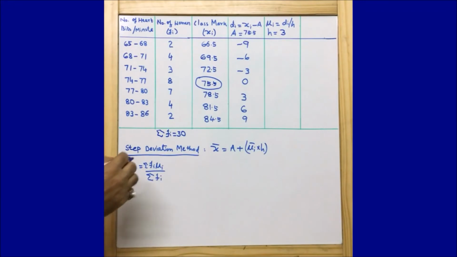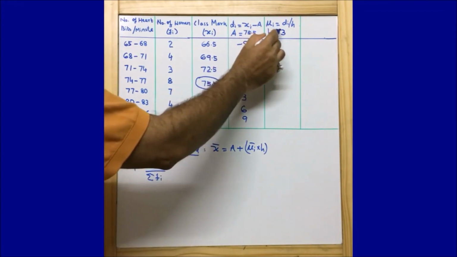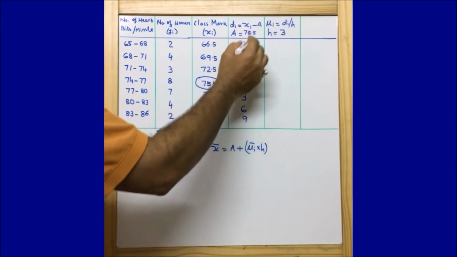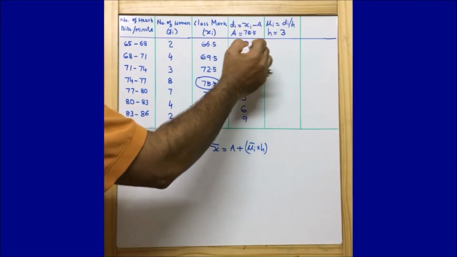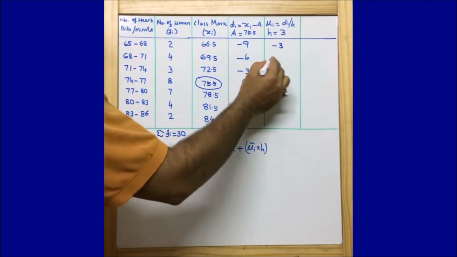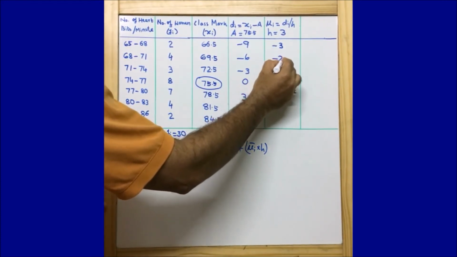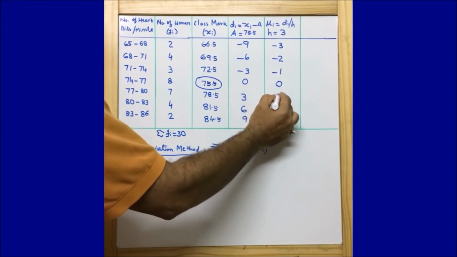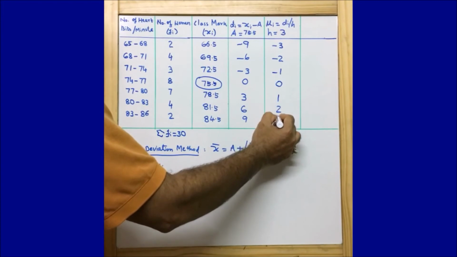Now ui is equal to di by h, so we just need to divide di by 3. So minus 9 by 3 is minus 3, minus 2, minus 1, 0, 1, 2, 3.